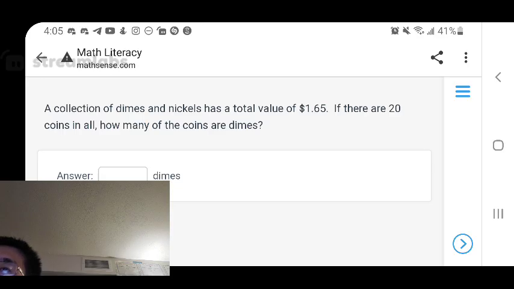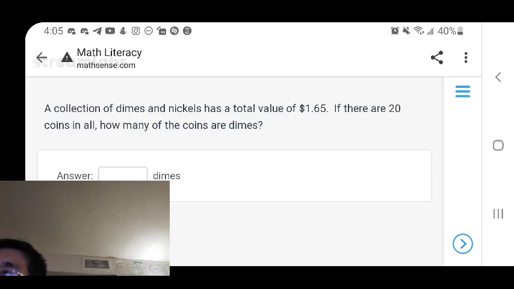Okay, so let's say D for the number of dimes and N for the number of nickels. The number of dimes and nickels is 20, so D plus N is 20.